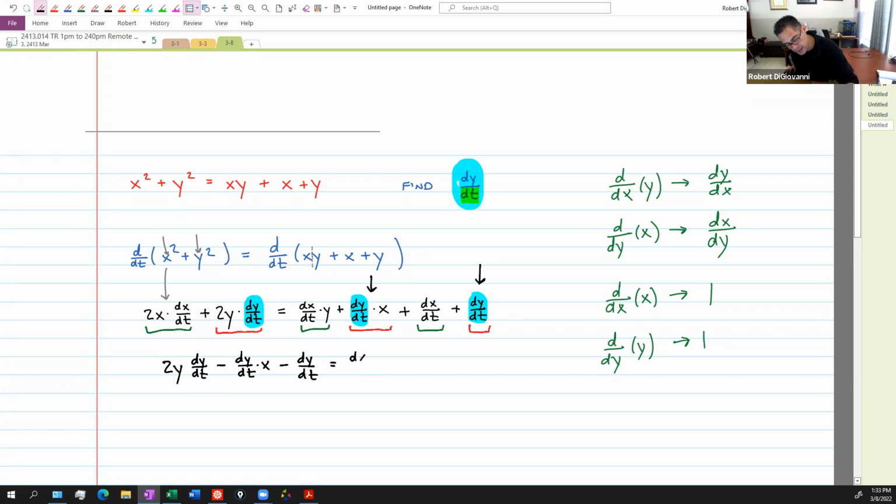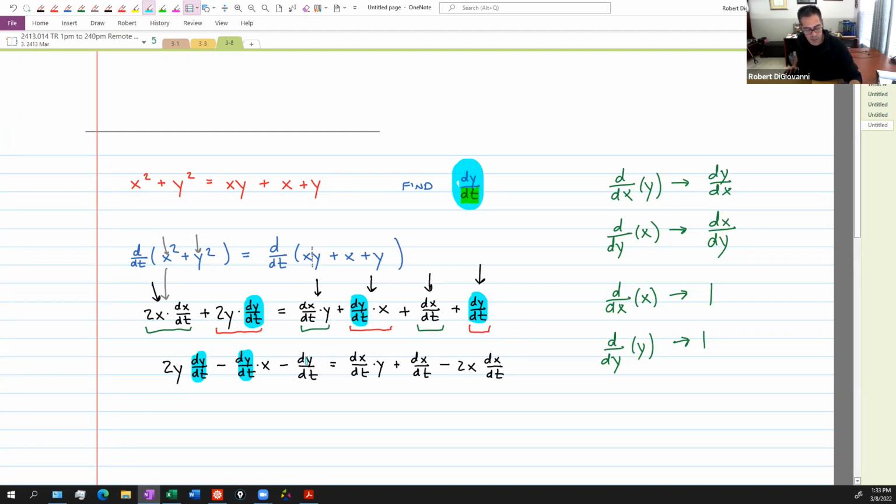So dx dt times y, that's this one. Then I have this dx dt. And I had to move the other one over, so it becomes minus 2x dx dt.